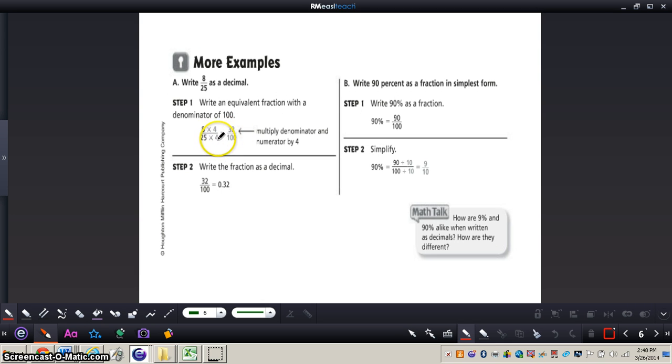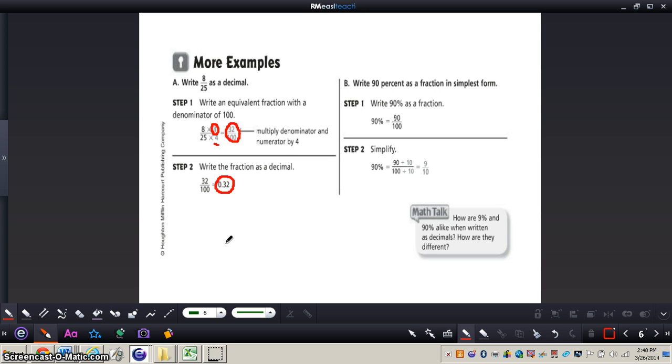So what times 25 equals 100? We know that it is 4. 8 times 4 we know gives us 32. Then write the fraction as a decimal. We have 32 hundredths here, and we know that that just equals 32 hundredths, written just like that.